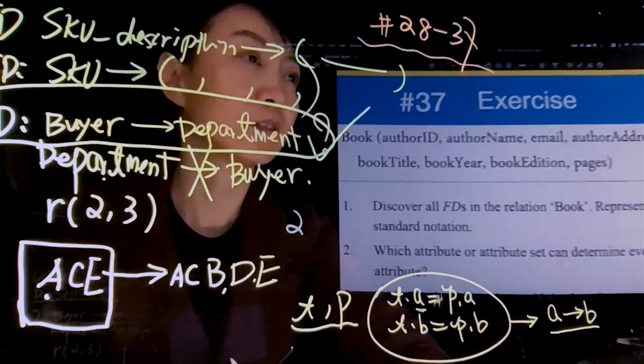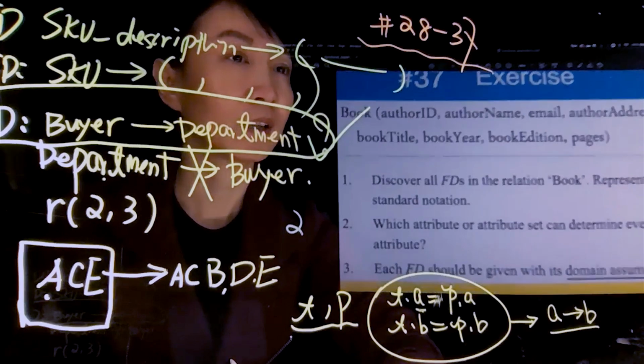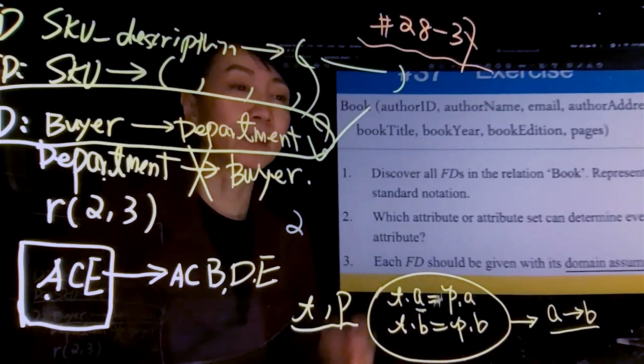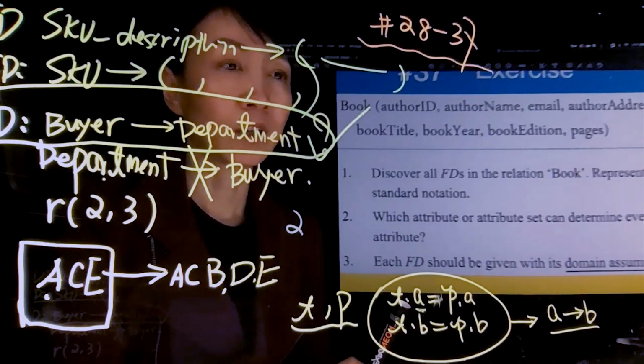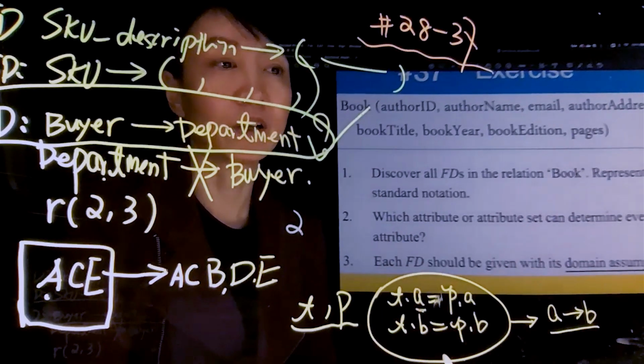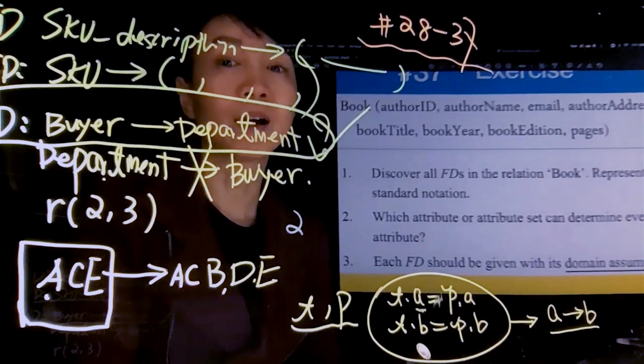So this is the exercise you can find on slide 37. Here, I will not explain this self-check question. Please do it yourself, but I will discuss this exercise with you together some other time.